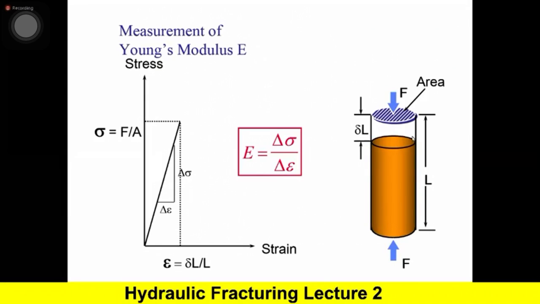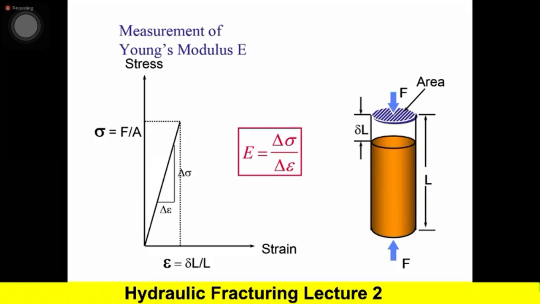Then I take the change in height of that plug and divide it by the total length. So delta L over L is the strain. The force divided by the area is my stress. I draw this straight line, and the slope of the straight line is my Young's modulus.